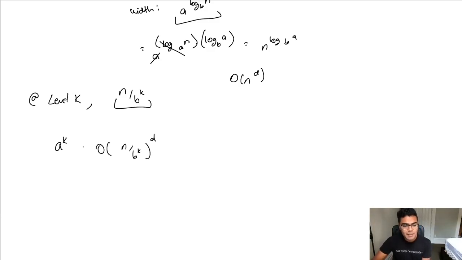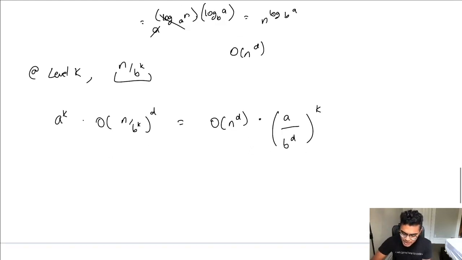And so we can simplify this because our big O is only dependent on n to the d, and state that this is equal to O of n to the d times a to the k over b to the k to the d. And so I'm going to simplify this overall and state that this is (a over b to the d) to the k. So this is our overall work being done at every level.